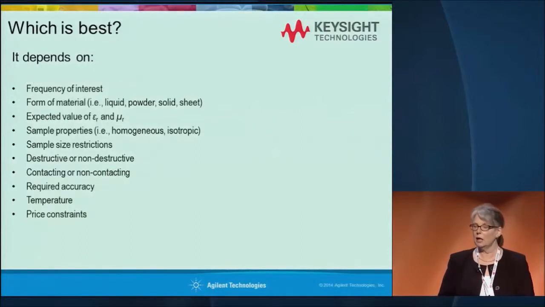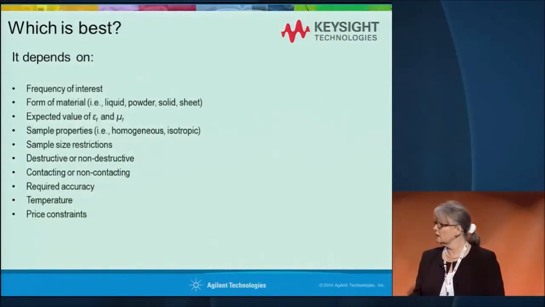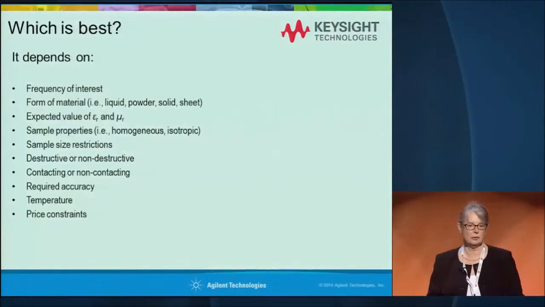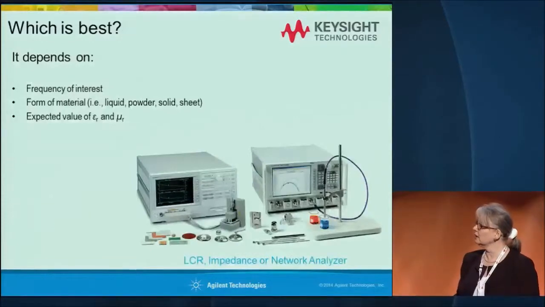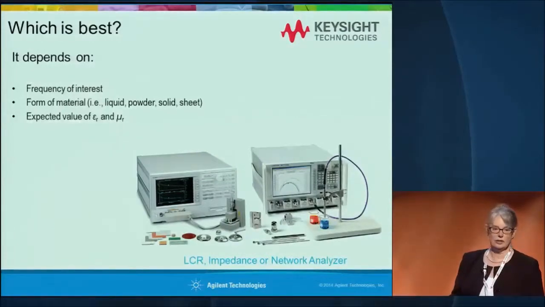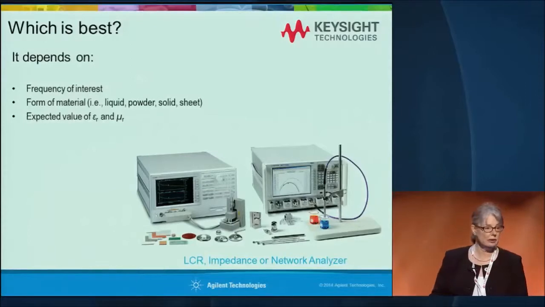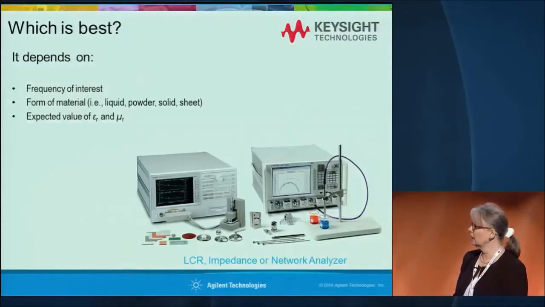So we have a lot of variables it depends on, and this is a big long list which we don't have time to go through. So I'm going to simplify it and shorten this list to the top three. We have frequency of interest, which pretty much determines which analyzer you're going to choose: an LCR impedance analyzer or a network analyzer.